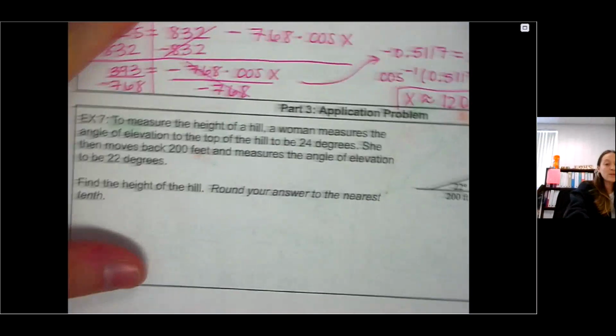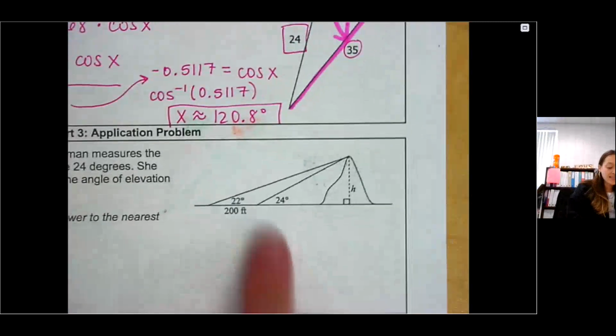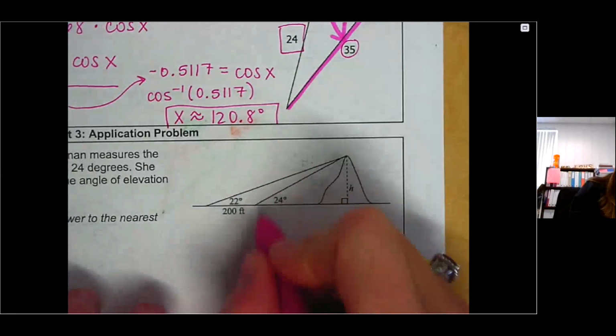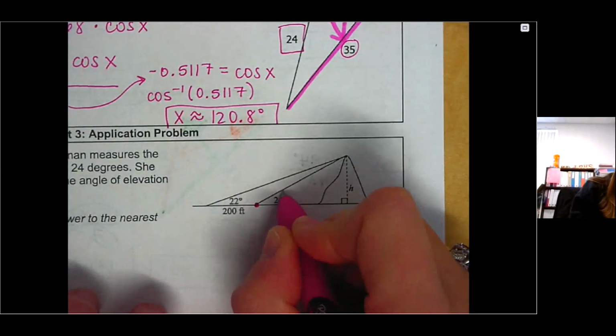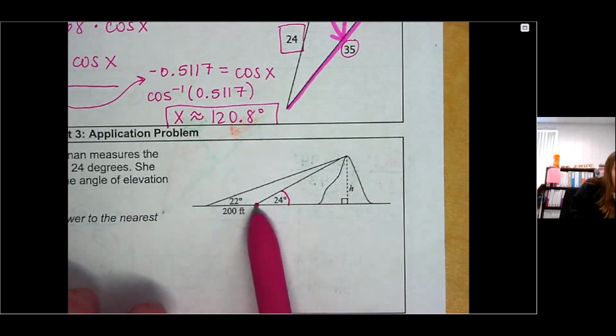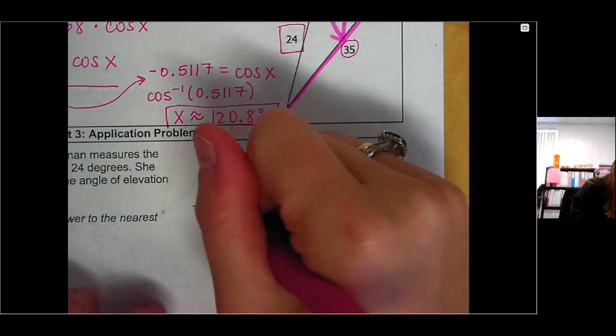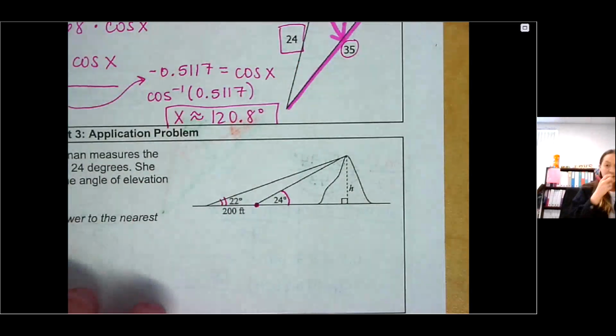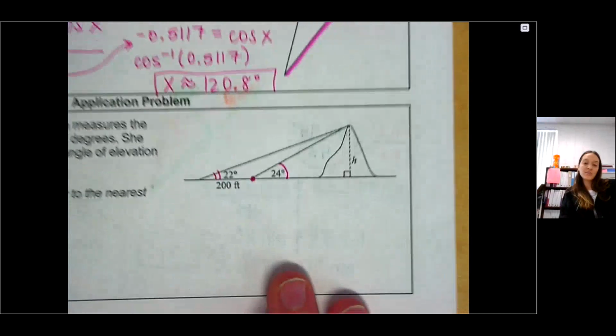Okay, so we have our woman who started at this point right here, and her elevation is 24 degrees. Remember, elevation means you're taking your head, you're tilting it upwards, you're physically elevating your head. Then she steps back 200 feet, and then her second angle is at 22 degrees. Now, we've got two different pictures in this problem.